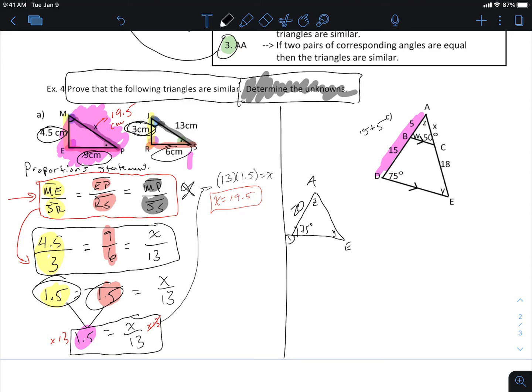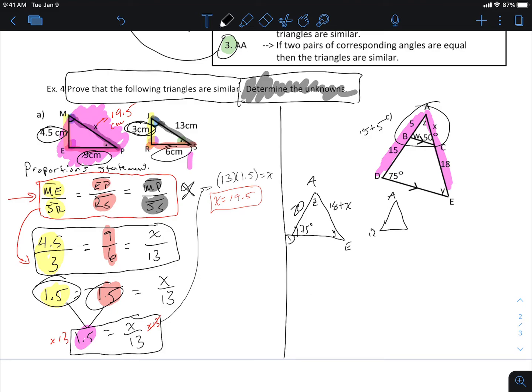And then I need to figure out what this side length over here is. Well, it's 18 plus X. And we don't know the bottom. Then I can write ABC as a little triangle beside.